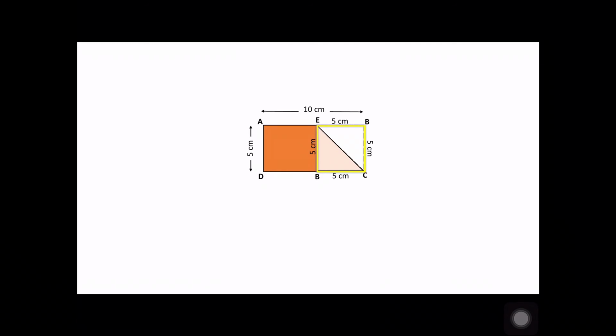To find the area of this square, we take its side times side, which is 5 times 5. So the area of this square is 25 square centimeter, which is the same as square AEBD, which has 4 equal sides. So square AEDB is 25 square centimeter.